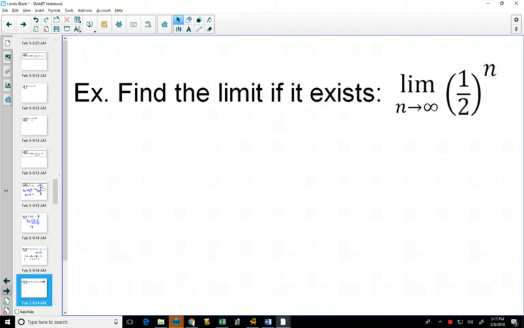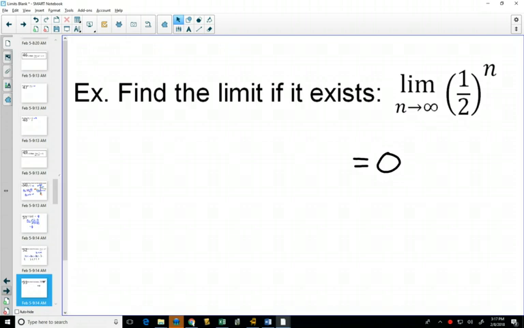What happens when n gets really big and you have 1/2 to the n? It is also equal to 0. Anytime that fraction is less than 1, it's going to equal 0. And this connects to something you did with infinity in grade 11.